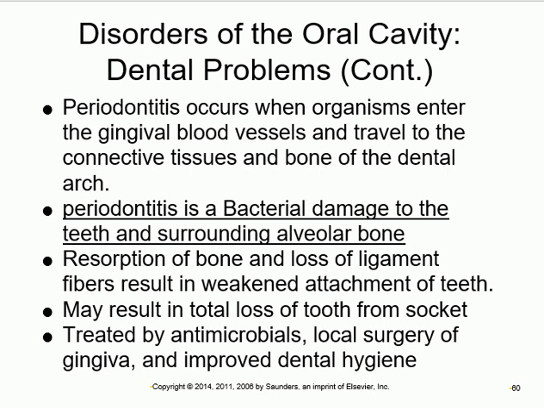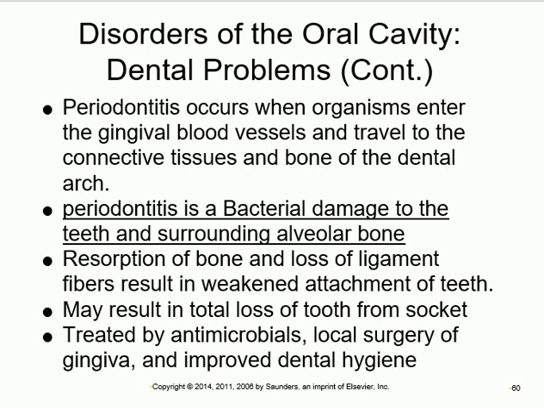So periodontitis is a bacterial damage of the teeth and the alveolar bone surrounding it. Let's say this is the upper row of teeth, like this. This is bone, bone, bone in between here. So both teeth and bone will be infected.